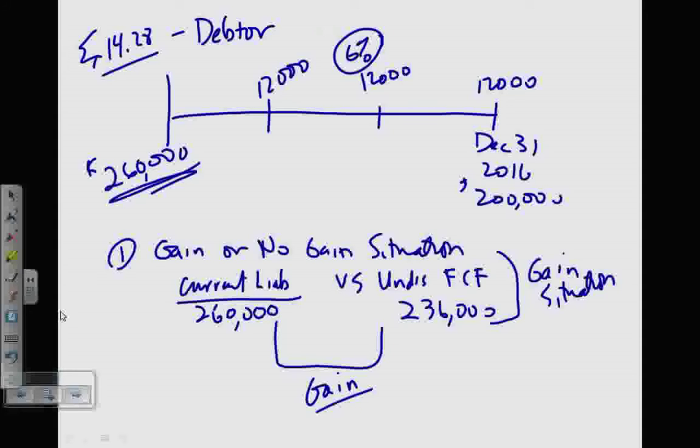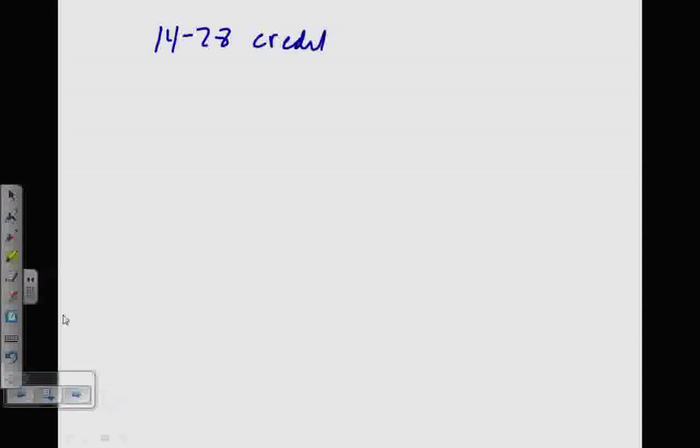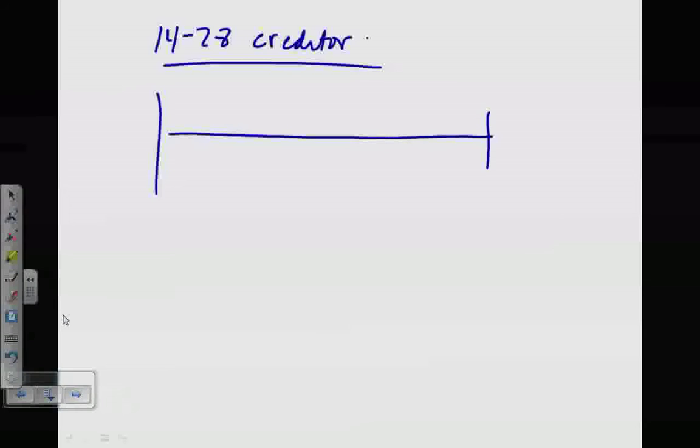Now, let's take a look at this from the creditor's perspective. From the creditor's perspective, it's a little bit different, because remember, this is one of those situations where the loan is going to be modified. We have to come up with a new amount receivable. And again, we have an asset currently worth $260,000.